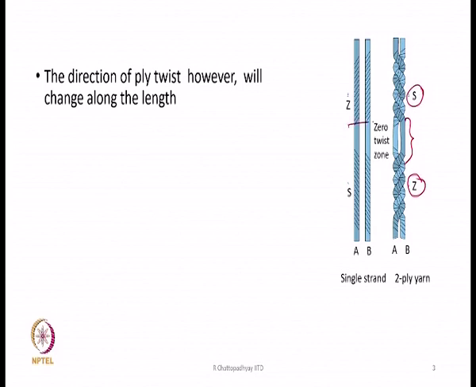So, these 0 twist portions of the individual strands A and B will also show 0 twist zone in the ply twisted structure.